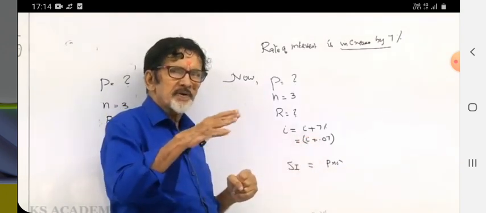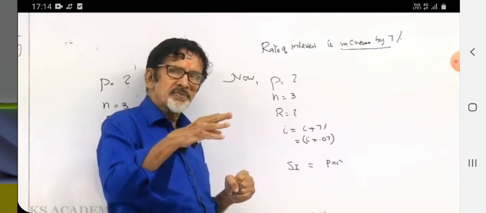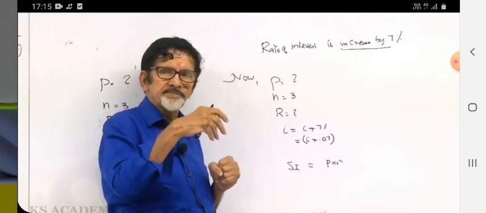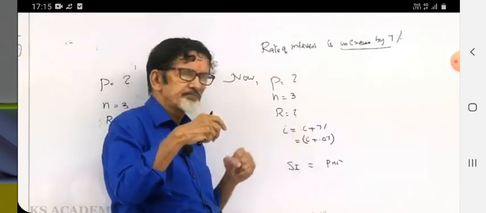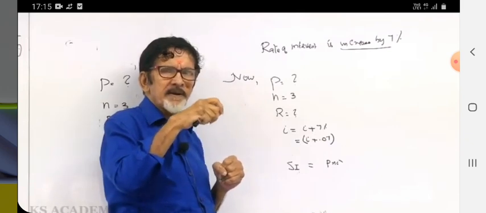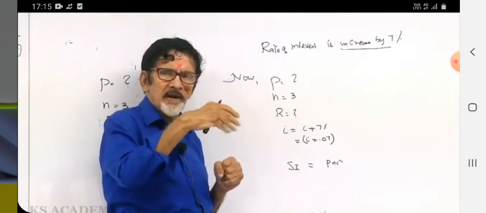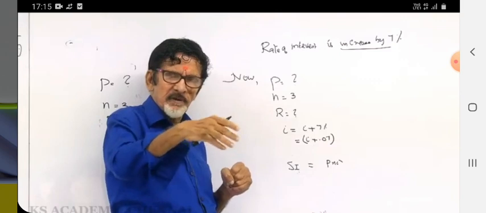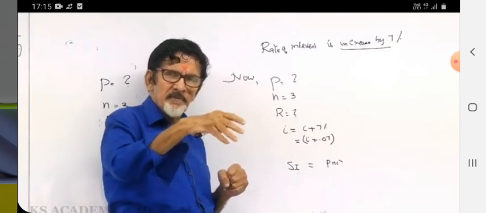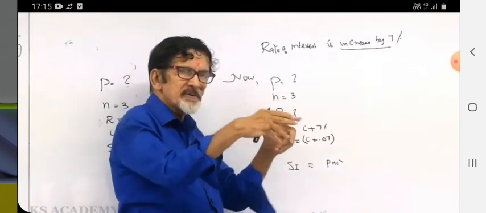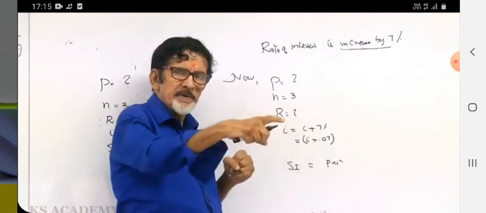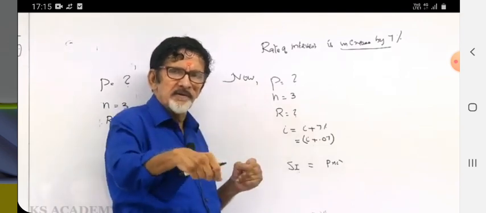Don't put I plus 7, don't put. Percentages are given, so both as percentages we can add. One is in decimal form, 0.1, 0.2, so you have to add 7% in decimal form, not 7. Two decimals we can add. 1% and 1 decimal, we cannot add.